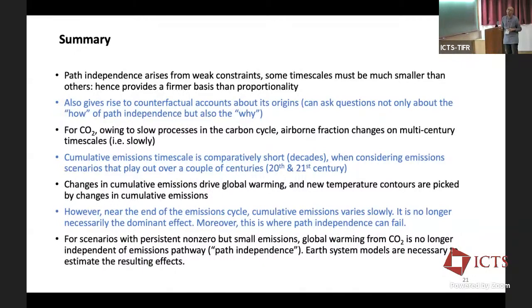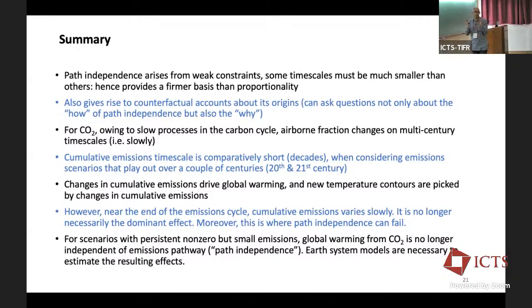This also accounts for why, in scenarios with persistent but non-zero small emissions, we have to worry about path dependence. But if we're not concerned about that state of the world as yet, if we're only concerned with the peak and decline phase, we don't have to worry about higher order effects on the global warming cumulative emissions relationship, because of our confidence in this separation of timescales between the cumulative emissions timescale and the airborne fraction timescale.